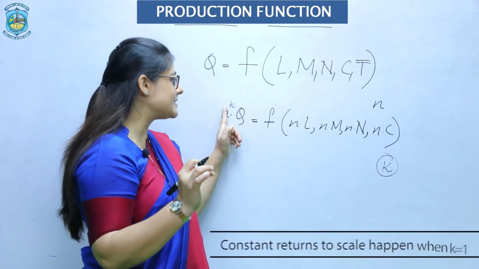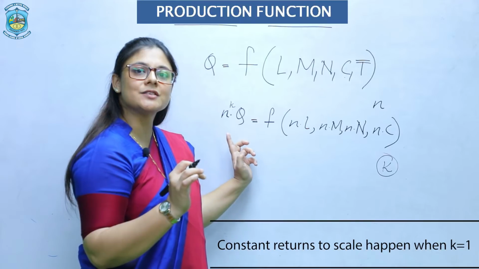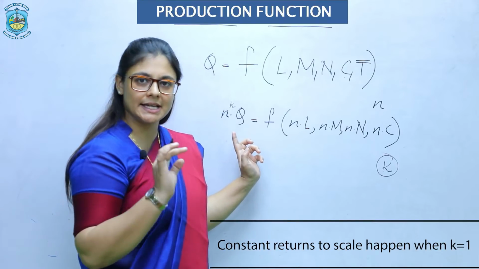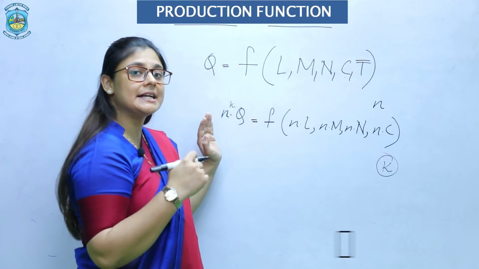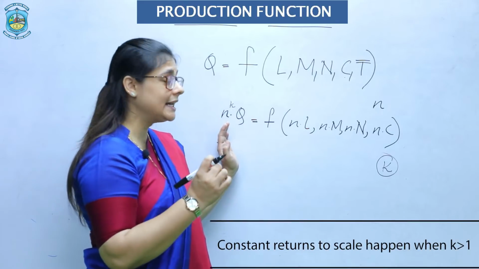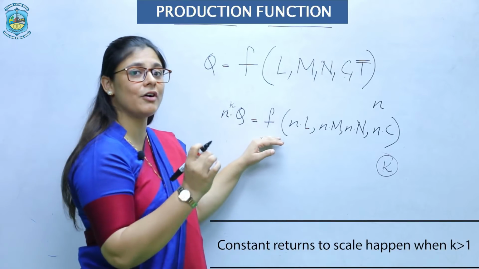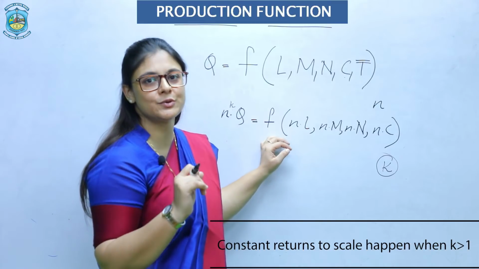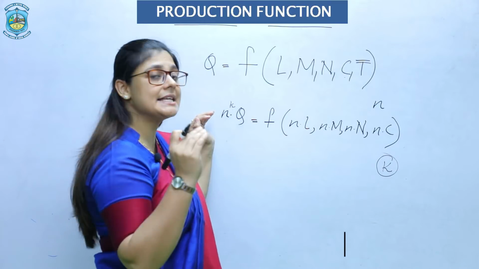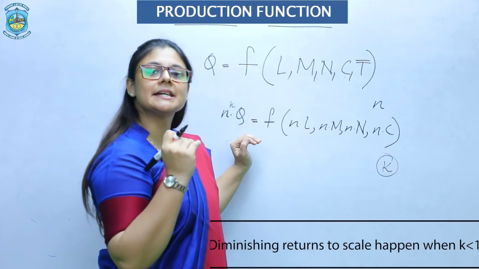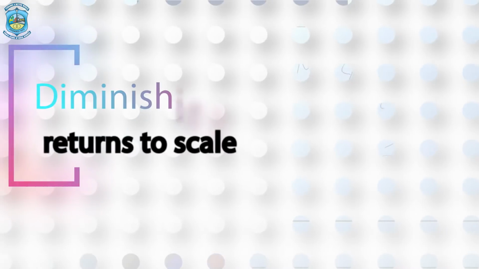So therefore when k is equal to 1, it is a case of constant return to scale. If k is greater than 1, then it is a case of increasing returns to scale, and if k is less than 1, then it is a case of decreasing returns to scale.